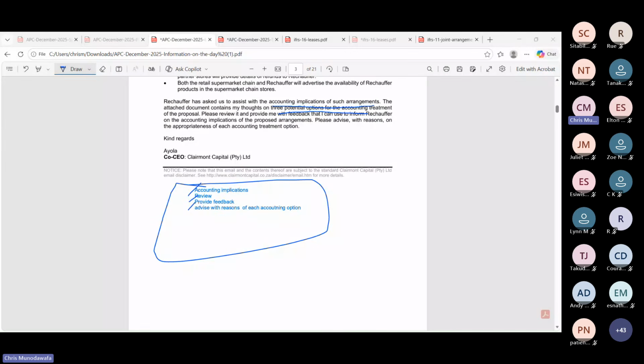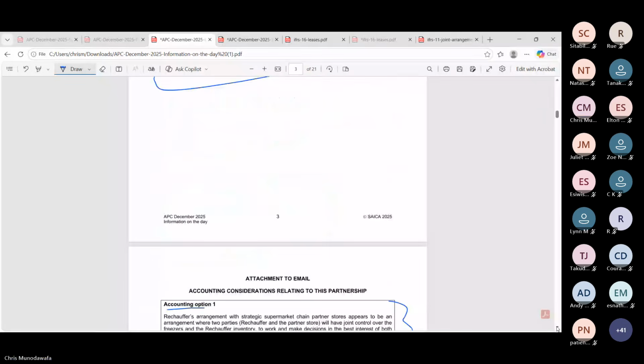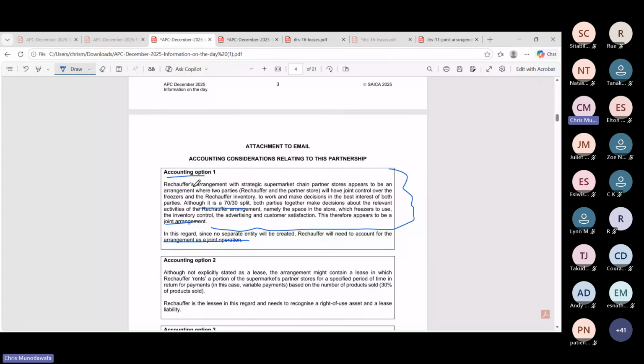I will use the information of the day as I'm reading. I need to pick the requirements directly from it. And so obviously, I was told to review, meaning they have already done something for me. So they have done option 1 and option 2.